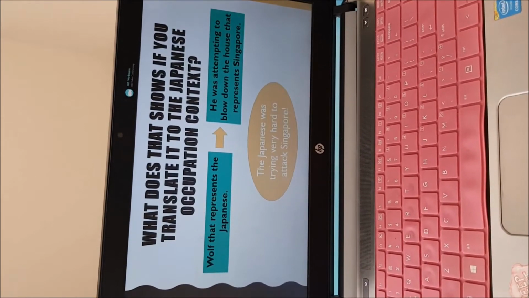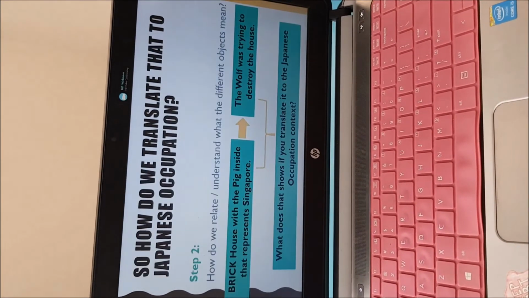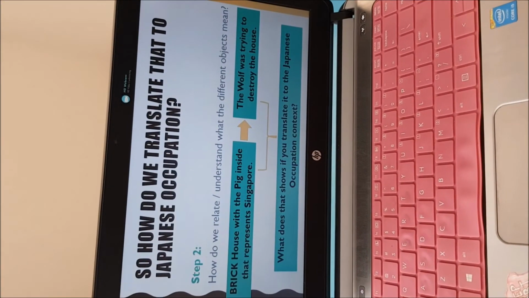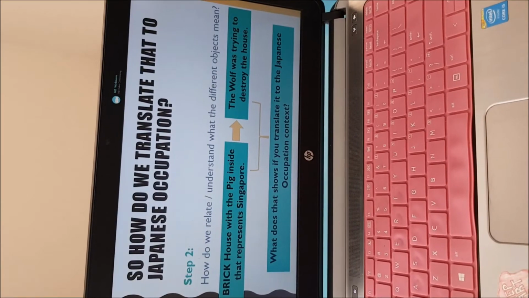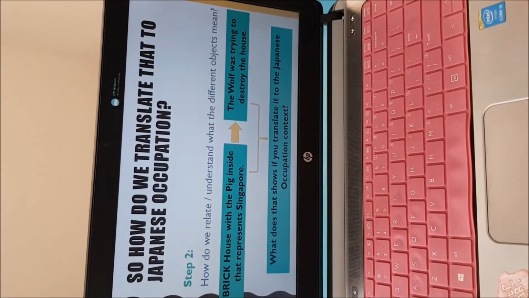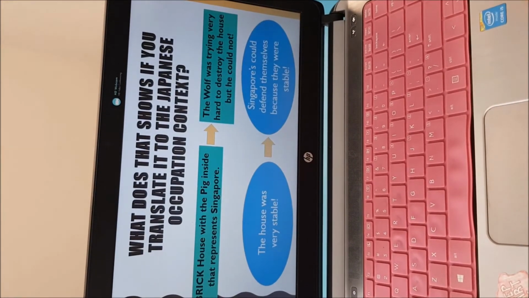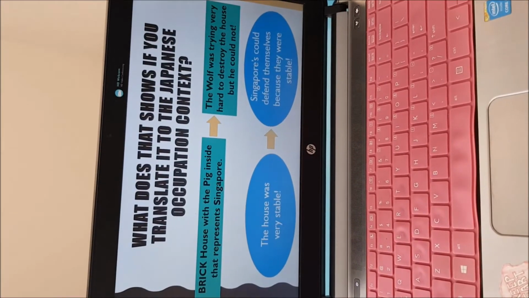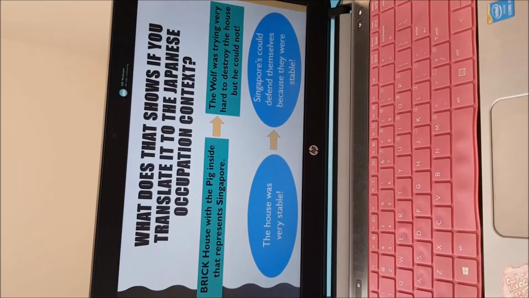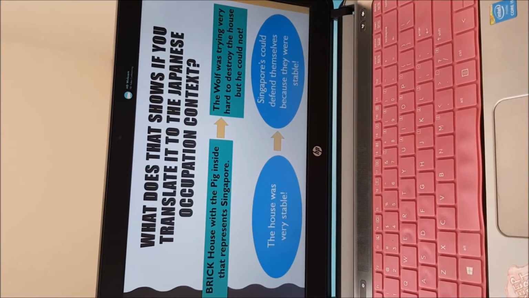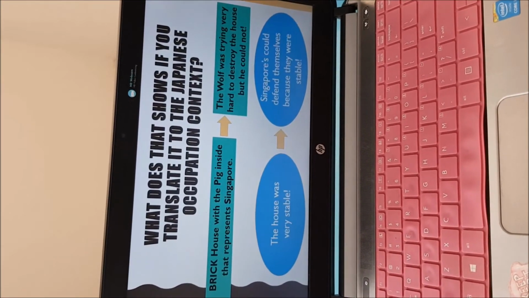So Japanese was trying very hard to attack Singapore. What about the brick house itself? What does it represent? It represents Singapore, but as you can see, the wolf was trying very hard to destroy the house. But did it succeed? No, it did not succeed because the house was very stable, which means that Singapore could defend themselves from the wolf, right? Because they were stable.